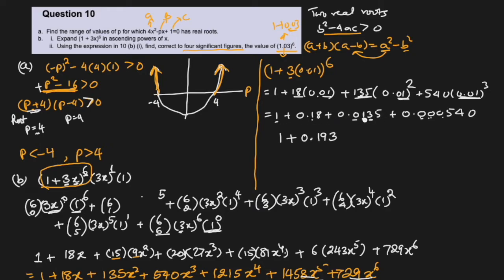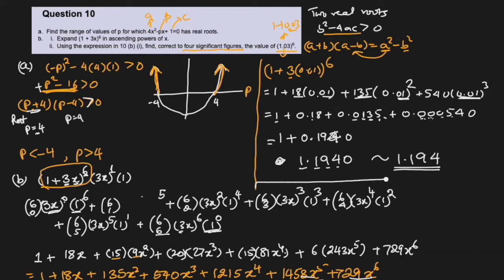Fourth place, 1, 2, 3, 4, yes, 5 is here. 5 plus 5 is 10, so that will make this one 4. So that's it. It will be 1.1940, but 4 significant figures will be 1, 2, 3, 4, these only, so 1.194. That's it. This is the answer of B part 2.